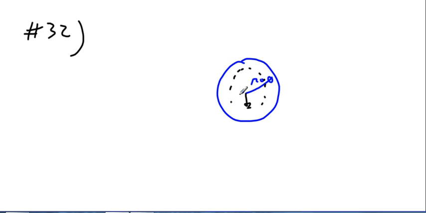I've got an r going out to area 2, and then for some reason I have another r, also going out to area 1. And now what I need to do, okay, so that's what I have.